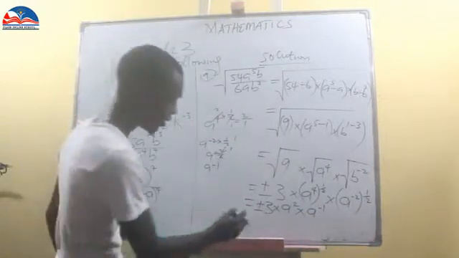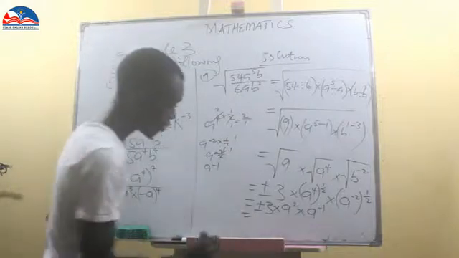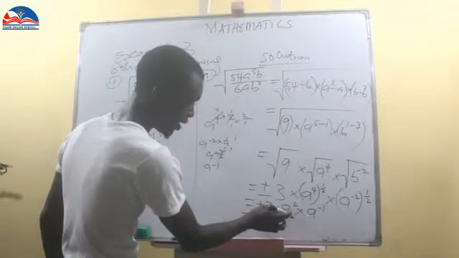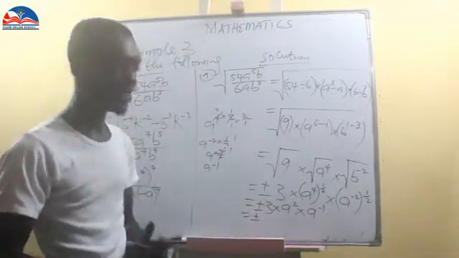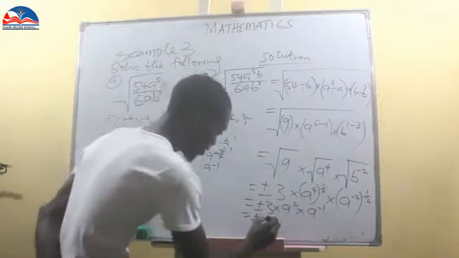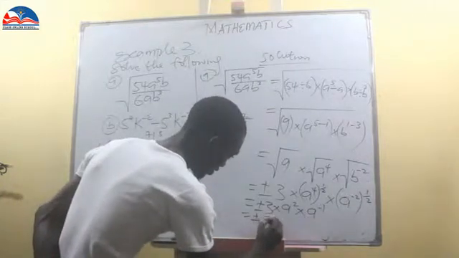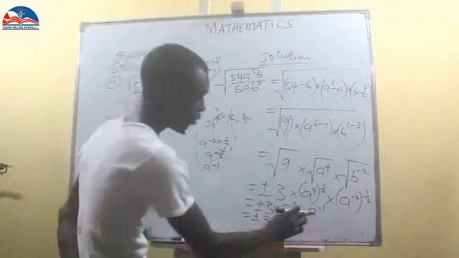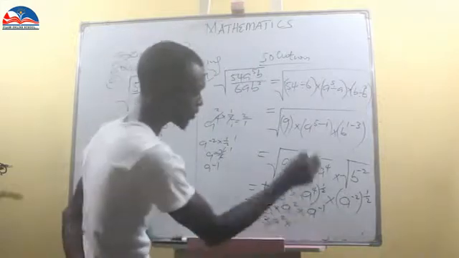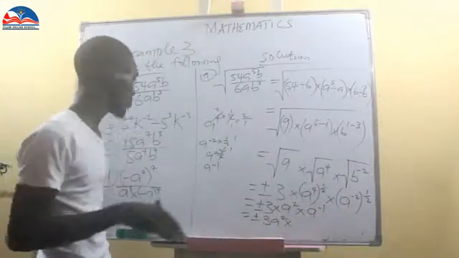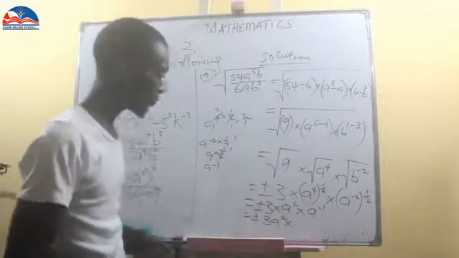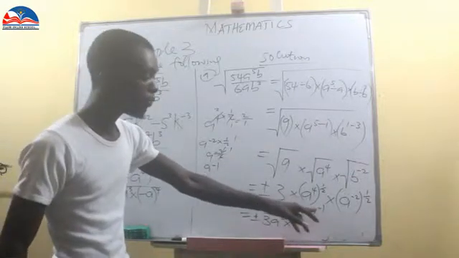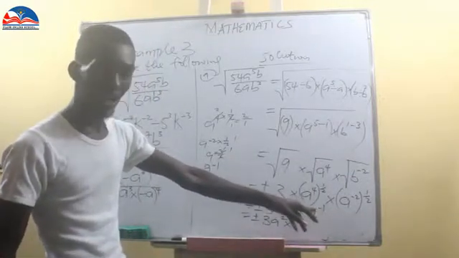You see? So here, it is equal to, our plus or minus remains. Plus or minus 3 times A index 2. 3 times A index 2 gives us 3A index 2, times A index minus 1. Now here, minus 1 index you can put in fraction.